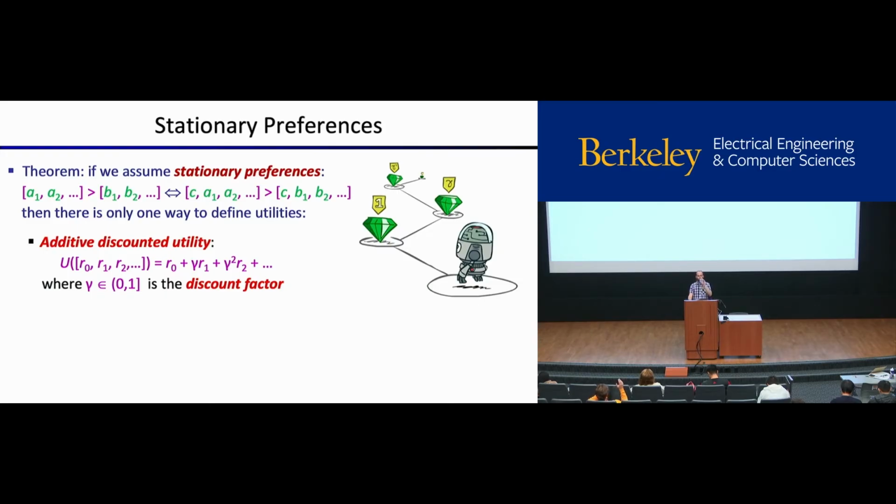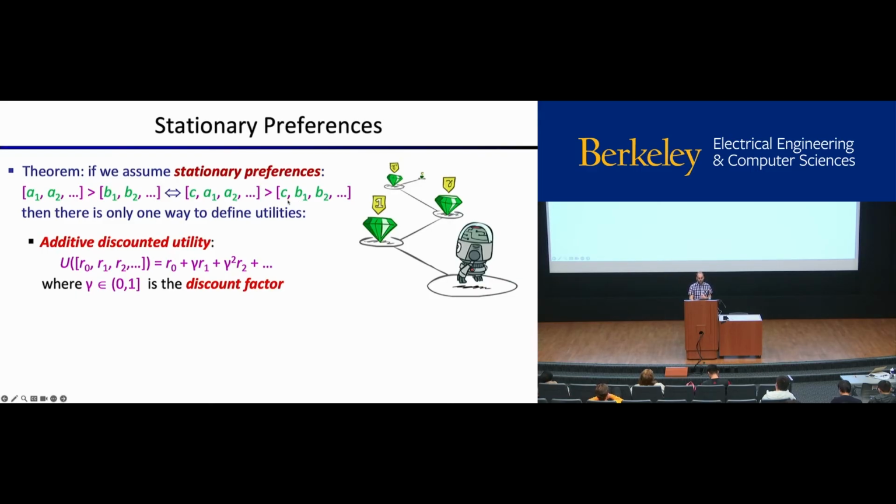Yeah. It seems to me like if you had a set of discount factors for each time period, that stationary preference property would still hold. Why do we have to have the same discount factor for each time? So let's say that for the next 100 time steps, your preferences work one way, and then for the 100 time steps after that, they work a different way.